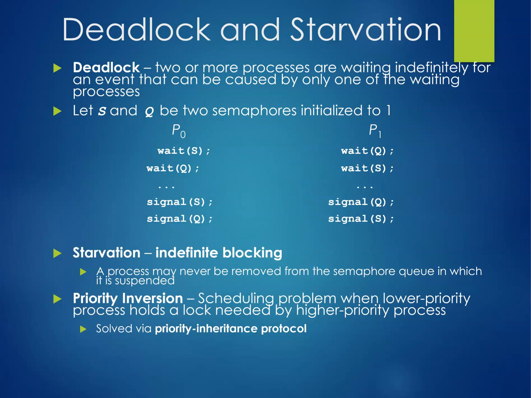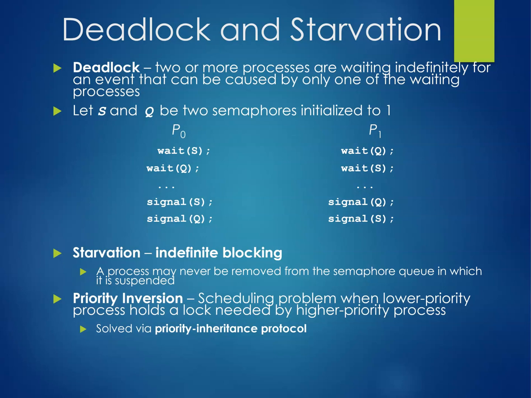On process 0, we wait for S, and then we wait for Q. On process 1, we wait for Q, and then we wait for S. The problem is that process 0 is waiting on Q, which is held by process 1, and process 1 is waiting on S, which is held by process 0. So basically, you could get stuck with things in the semaphore queue pretty much permanently.